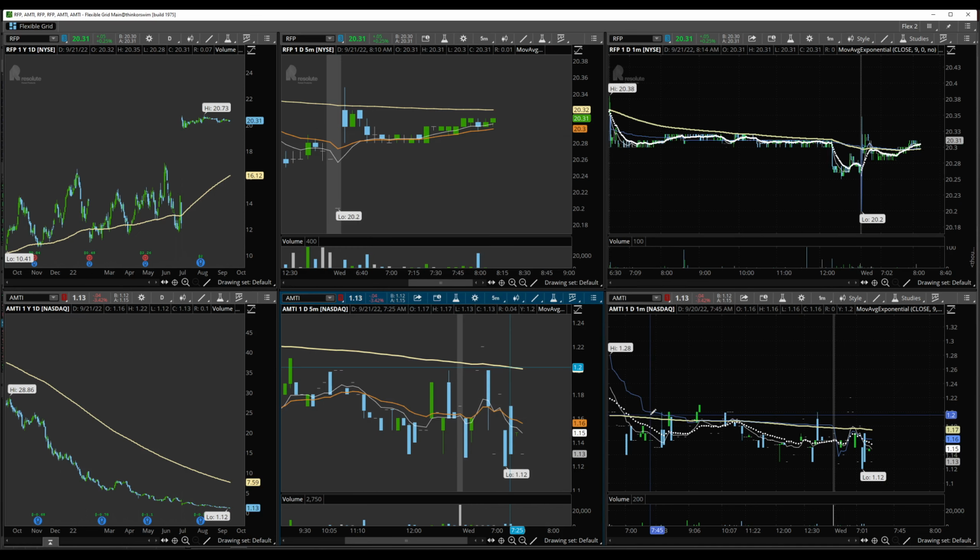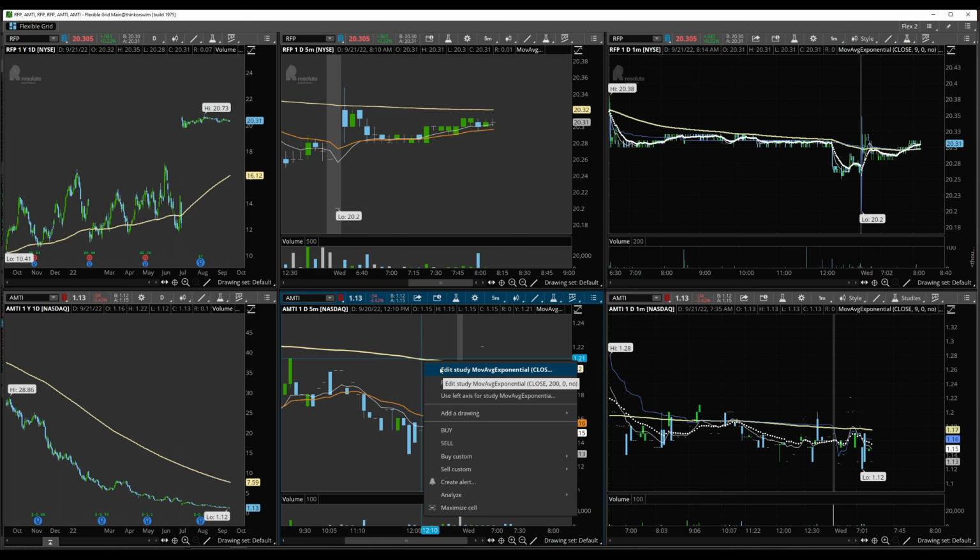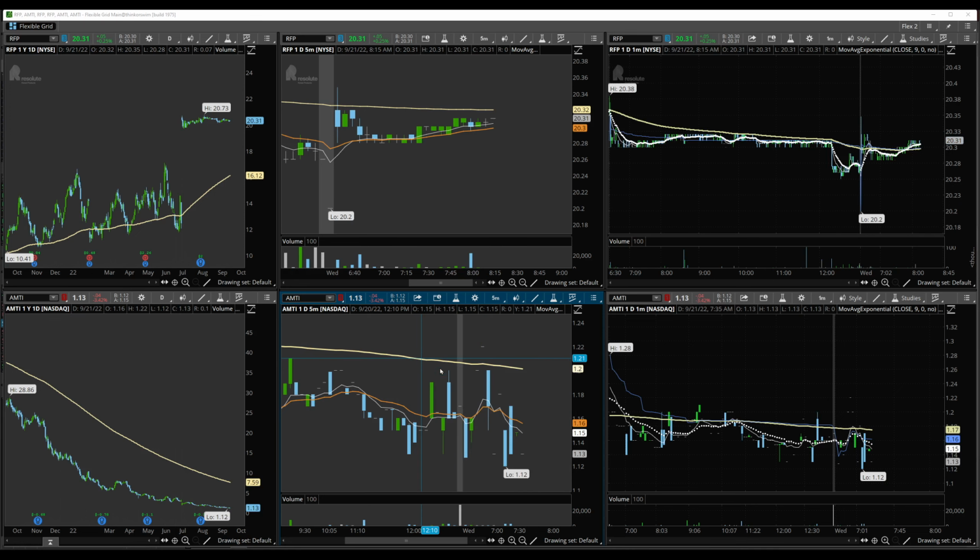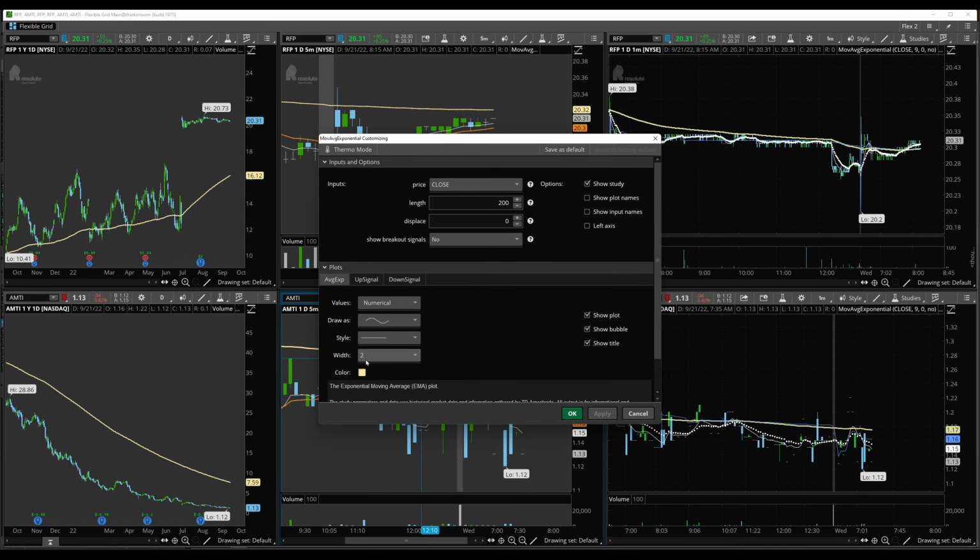Yeah. So you might be wondering why it's different in every window. Because for this window in particular, for example, the middle one, it's the 5 minutes, right? So for the 5 minute, I set it so it's thicker, I think. Yeah, thicker. The width is 2, and I use a different shade of yellow.